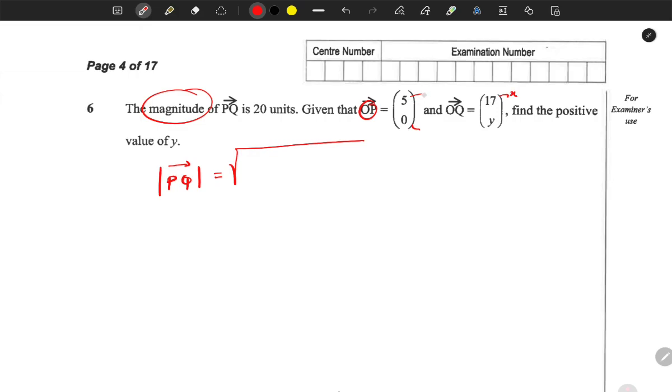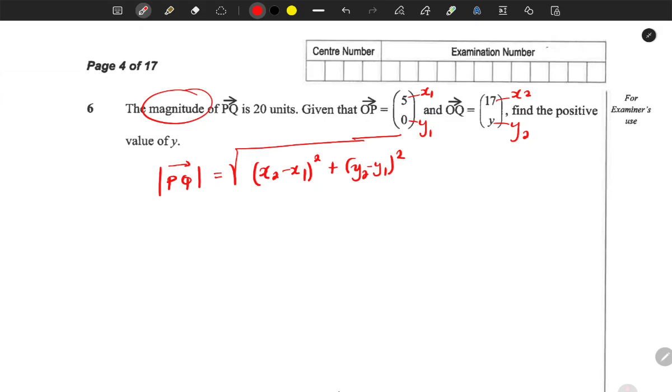So let's call this one our x1, this one our y1, this one our x2, and this one our y2. This is x2 minus x1 squared plus y2 minus y1 squared. Then we take the square root. This is how we find the magnitude.